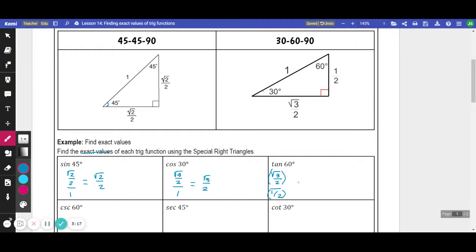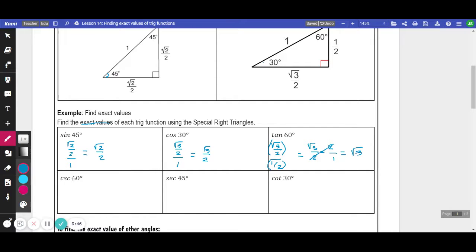To divide fractions, you keep the top fraction, you keep the numerator, and you change it into a multiplication. You multiply by the reciprocal of the bottom. So that means flip the bottom. So it'll become 2 over 1. 2 divided by 2 is 1. So I just have 1 root 3 over 1, or just root 3.